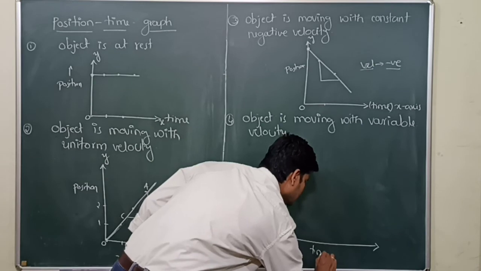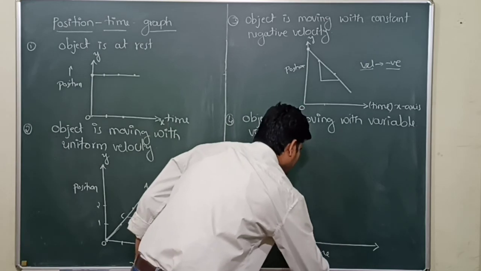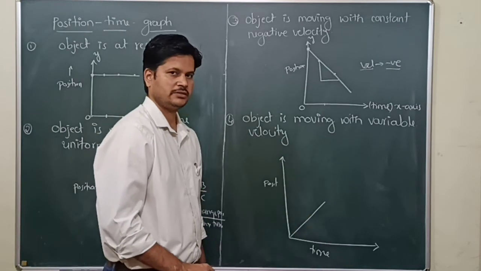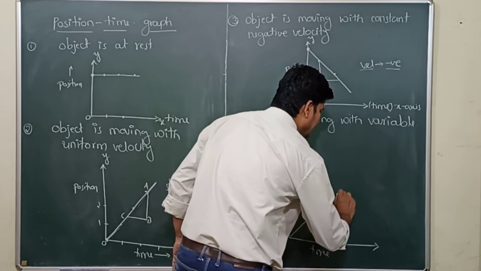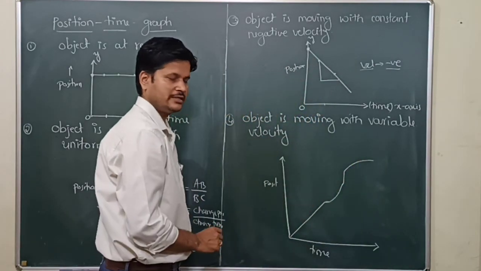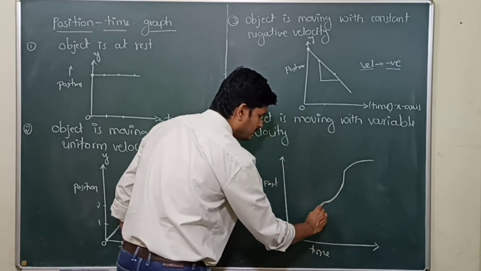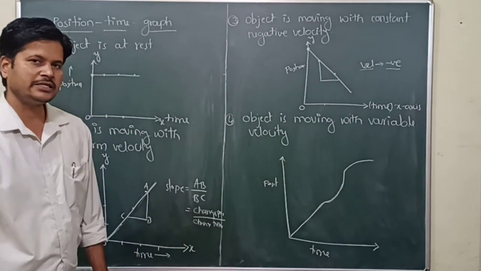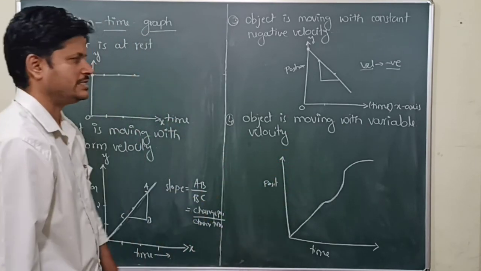Initially, along the y-axis the position increases directly, traveling with a uniform velocity, then it comes to 0, and next it curves, and finally it may go like this. This is variable velocity. At different instants of time, the position of the object goes on changing. This is variable velocity. Remember.